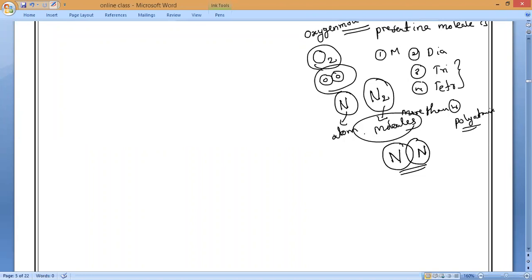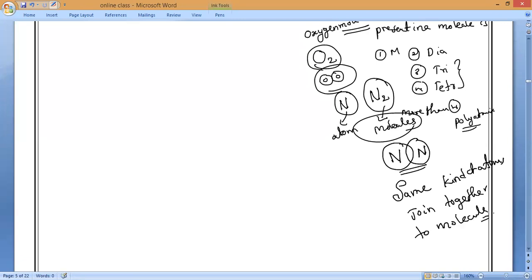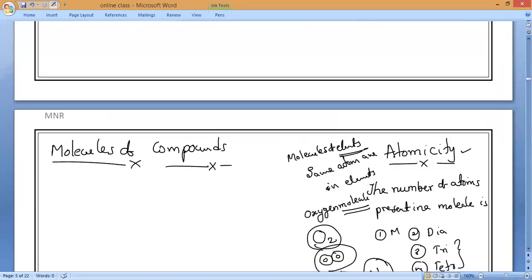So molecules of elements mean the same kind of atoms joined together to form a molecule.